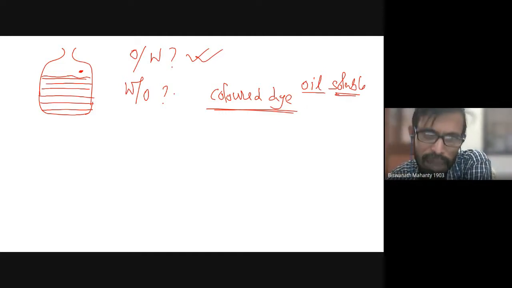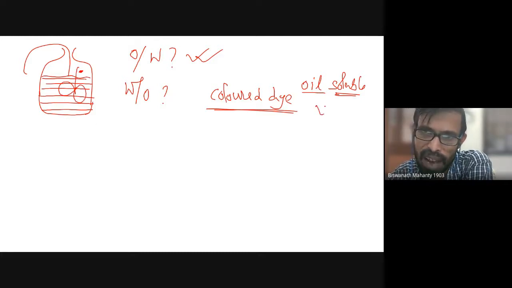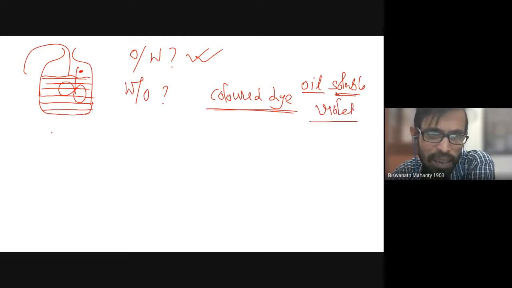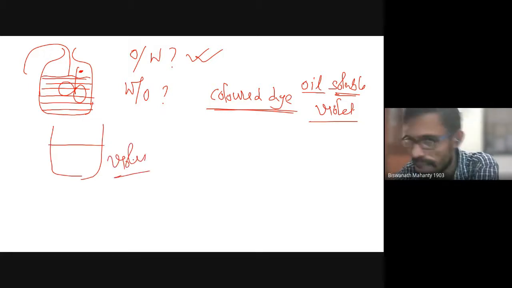Now if I put this dye into the emulsion and stir it a little, and, for example, the dye color was violet, and after adding it my emulsion also turns violet, the whole emulsion looks violet. What does it mean?